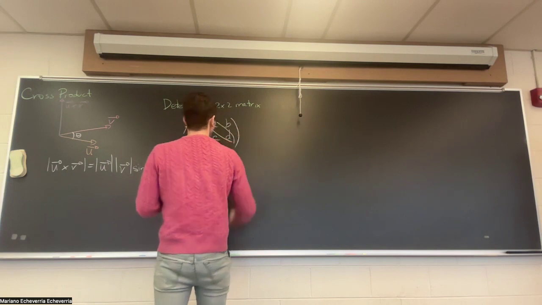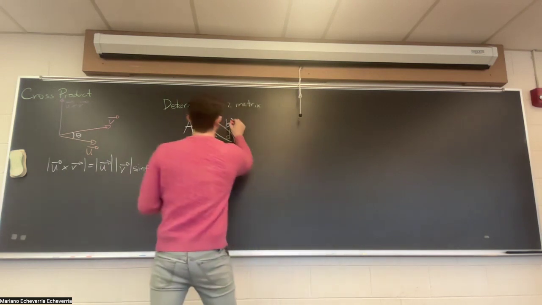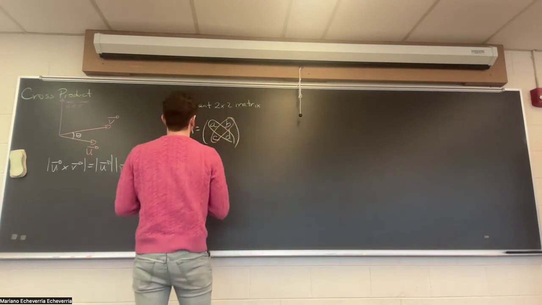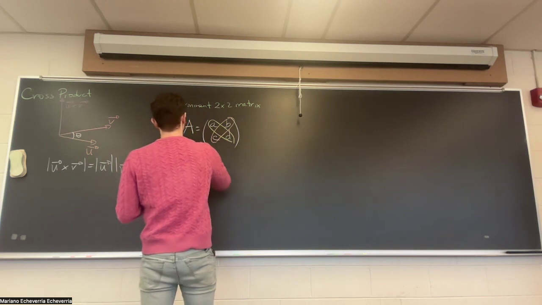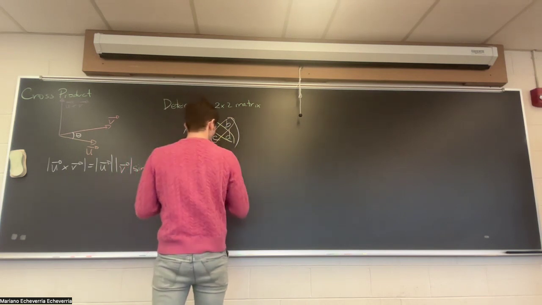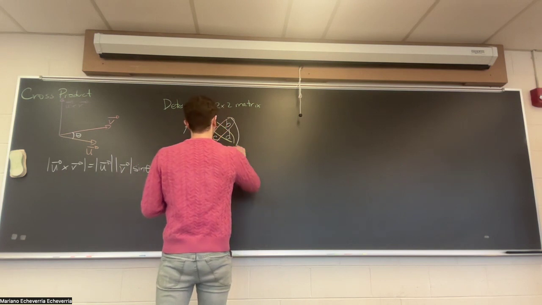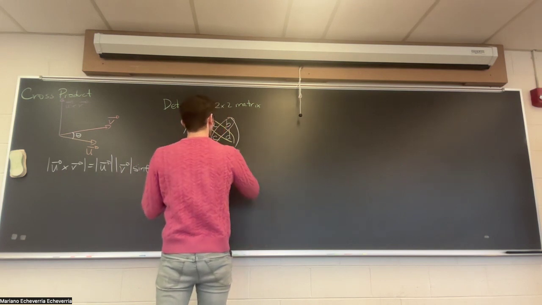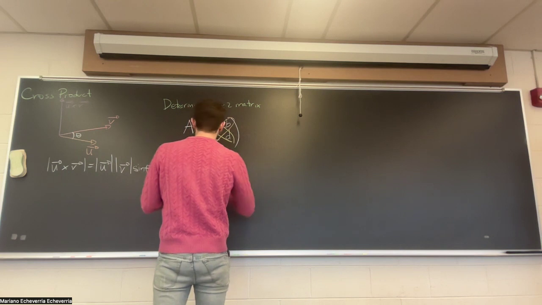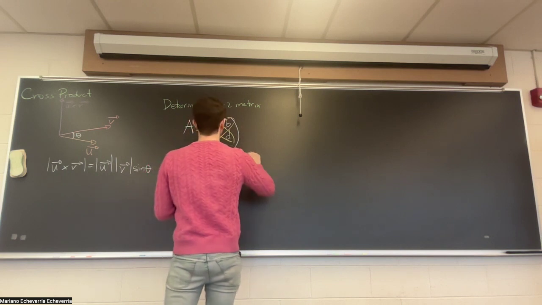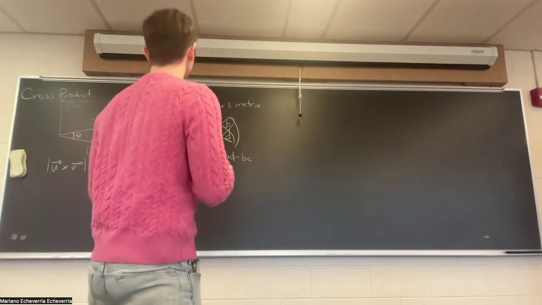The determinant is just that you multiply the elements along the diagonals and subtract the answer. So the determinant of A was AD minus BC. And again, this number has a lot of interesting properties, but we don't need them for this course.